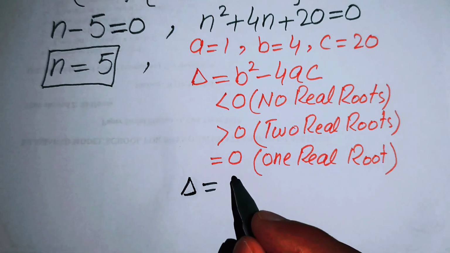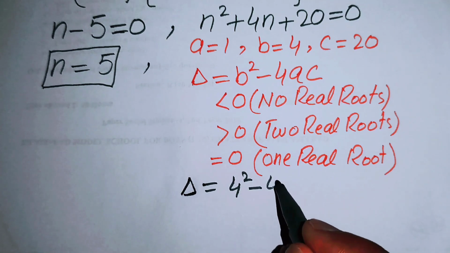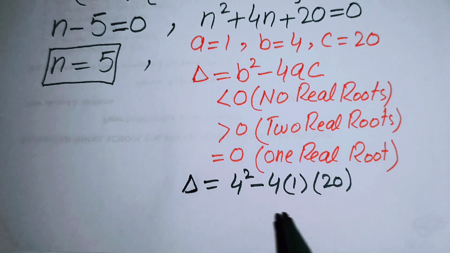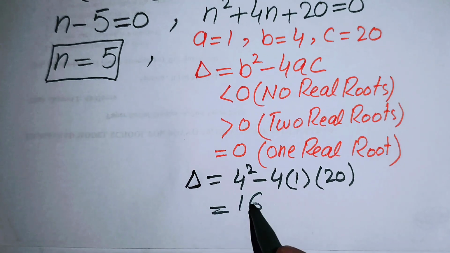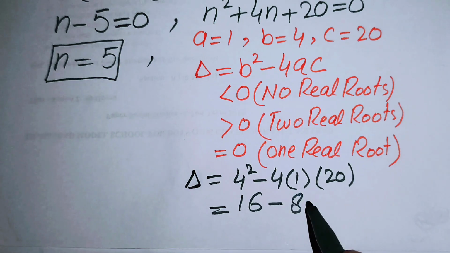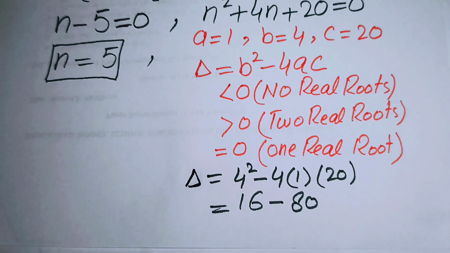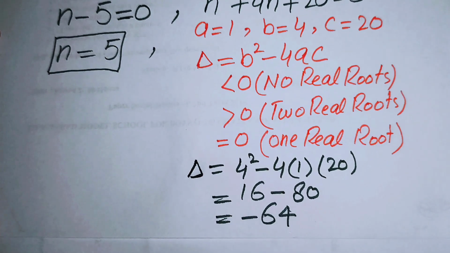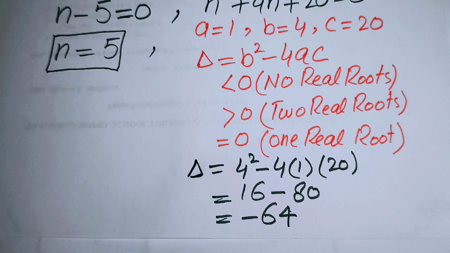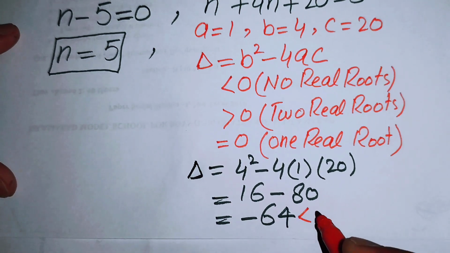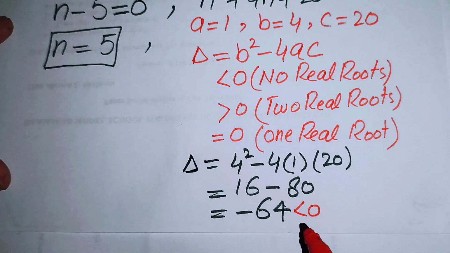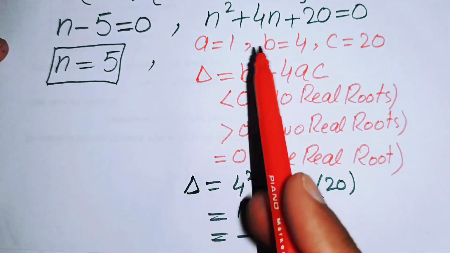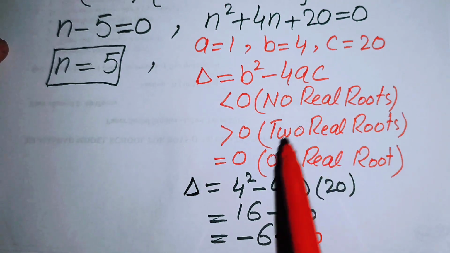The value of b is 4, squared, minus 4 times a, which is 1, times c, which is 20. 4 squared is 16, minus 4 times 20 is 80, and 16 minus 80 gives us minus 64. And here you see that minus 64 is less than 0. So delta is less than 0, and then this quadratic equation has no real roots.